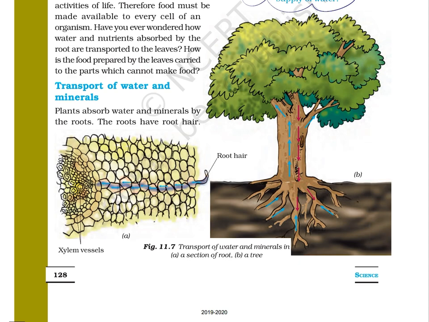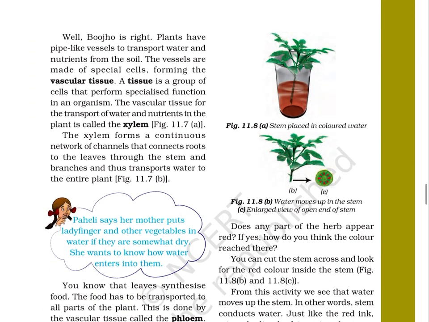Page 129. Well, Bojo is right. Plants have pipe-like vessels to transport water and nutrients from the soil. The vessels are made of special cells, forming the vascular tissue. A tissue is a group of cells that perform specialized function in an organism.